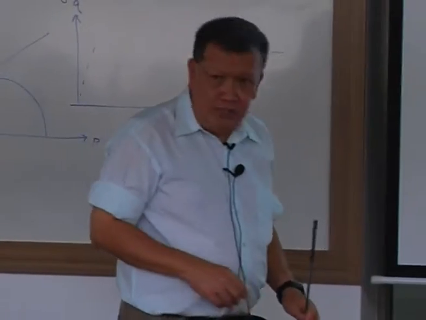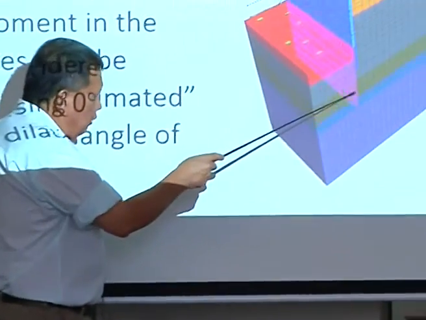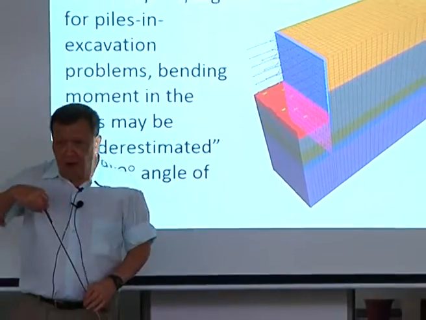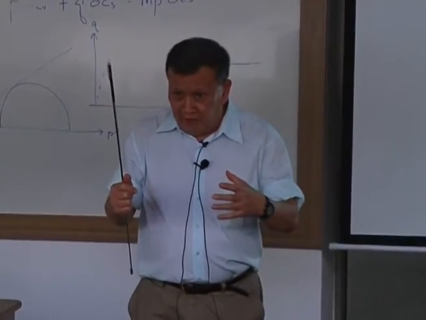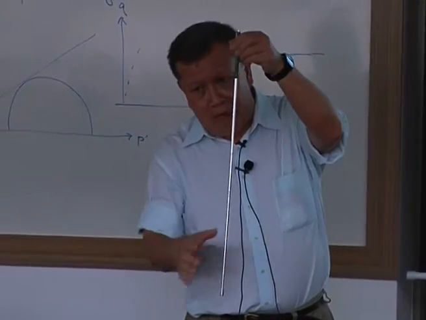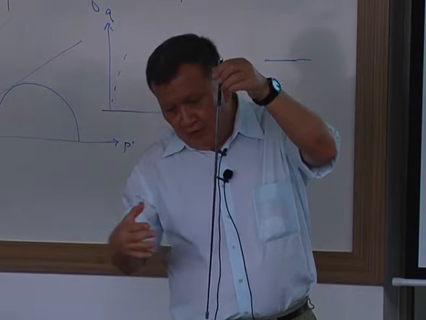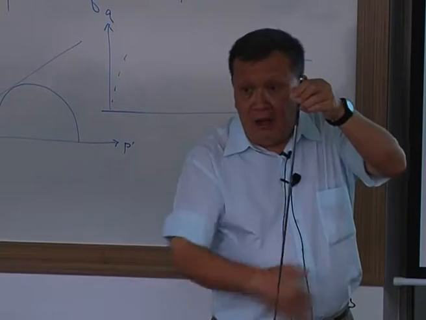So we started thinking about why this is the case. And it turned out that the reason is this. When we use a 0 angle of dilation for this layer of sand here, a 0 angle of dilation prescribes a weaker material, right? And a material that will flow more easily. So imagine this is a pile. There's sand, 0 angle of dilation, the wall is here. The sand can easily flow across the pile.